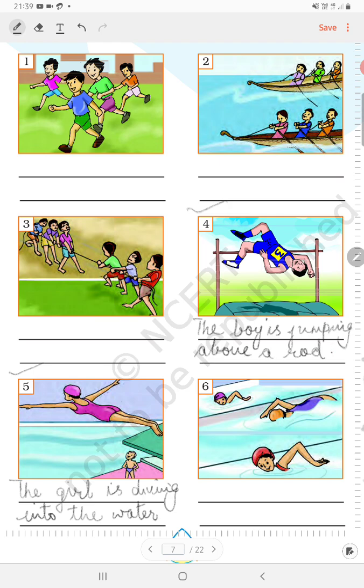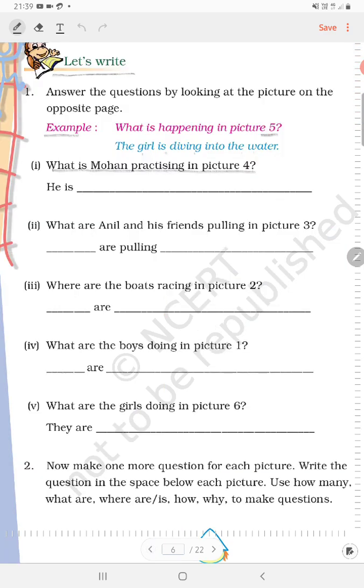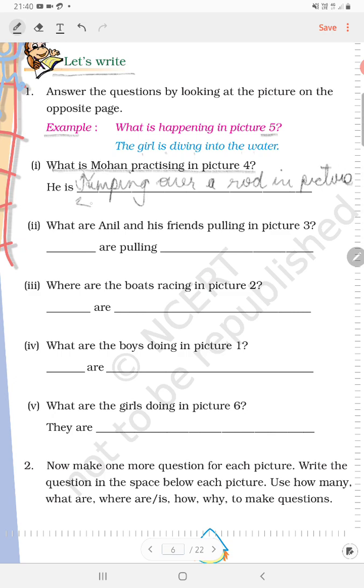Okay, so this is a high jump actually. What is Mohan practicing in picture 4? Mohan is jumping over a rod in picture 4.